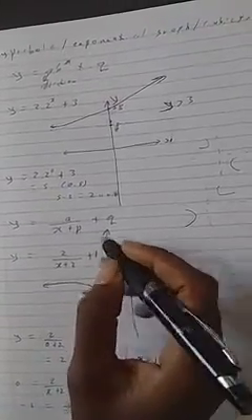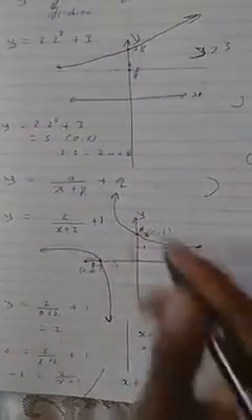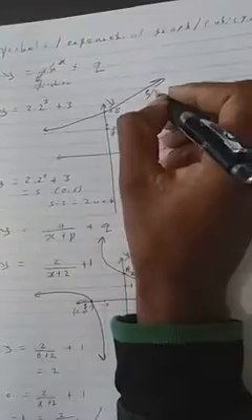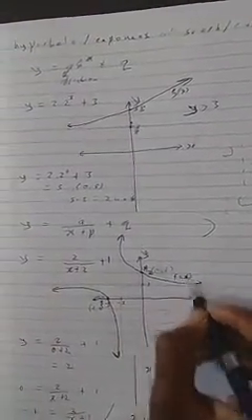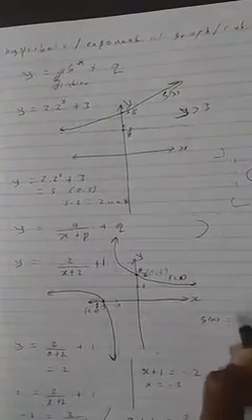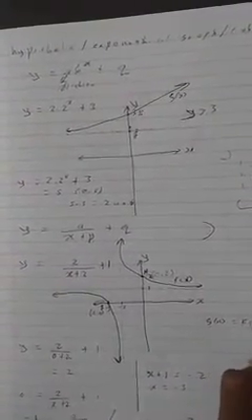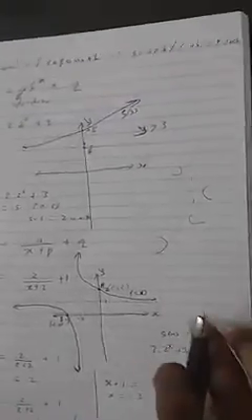In that case, you would say this graph at that point shares an equal value with this graph, meaning if this graph is g of x and this is f of x, then g of x where they cut each other is equal to f of x, and g of x is given by 2 times 2 to the power x plus 3 equals this graph, which is f of x.